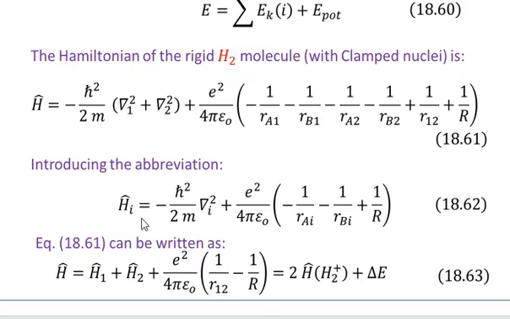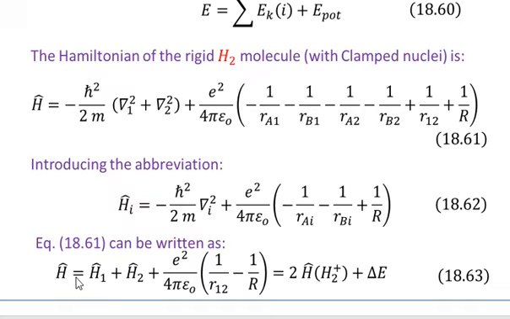So here I am introducing the H_i Hamiltonian operator to be equal to minus h bar squared over 2m times del_i squared plus e squared over 4 pi epsilon naught, and within the parentheses I have minus 1 over R_Ai minus 1 over R_Bi plus 1 over capital R. So if I introduce this H_i operator, I can write equation 18.61 in the simplified version shown in equation 18.63.